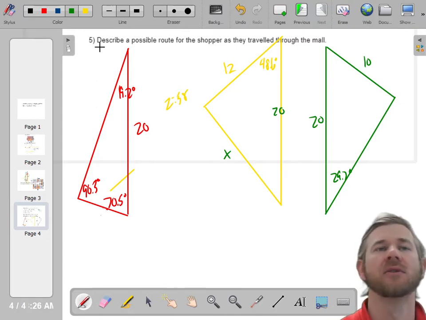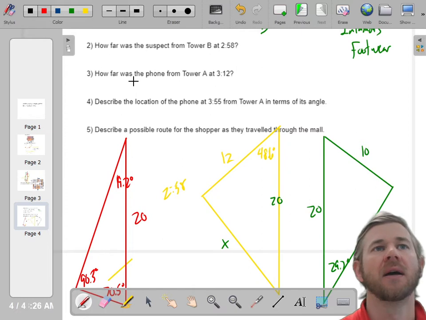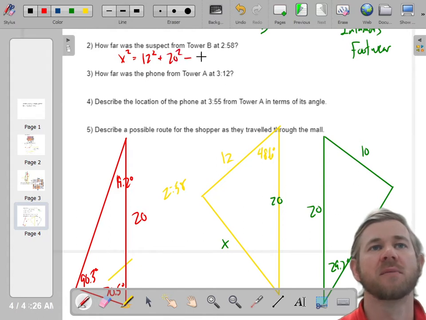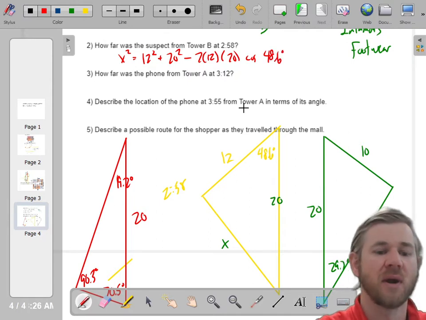All right, let's use law of cosines. And to find this guy, I'm going to say x squared equals 12 squared plus 20 squared minus 2 times 12 times 20 times the cosine of 48.6. And then I'm going to need to square root that.